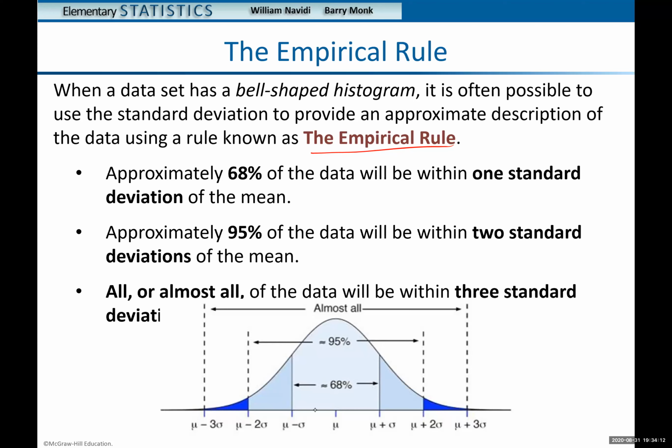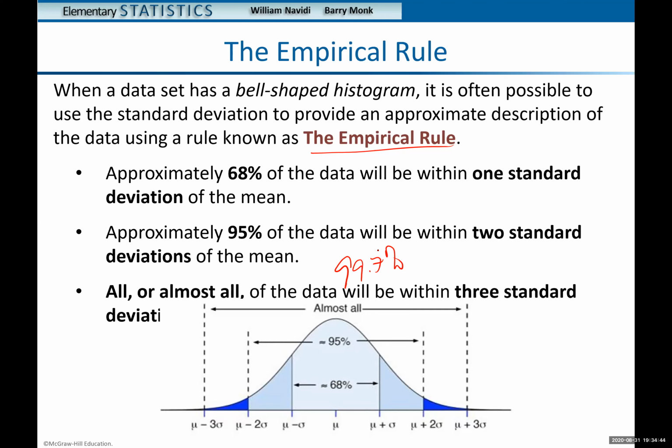When you subtract 2 standard deviations from the mean, or you add 2 standard deviations to the mean, the total of that is 95%. And the last one, when you subtract 3 standard deviations or you add 3 standard deviations to the mean, the total is almost all, but it's actually 99.7%. It's almost 100%.